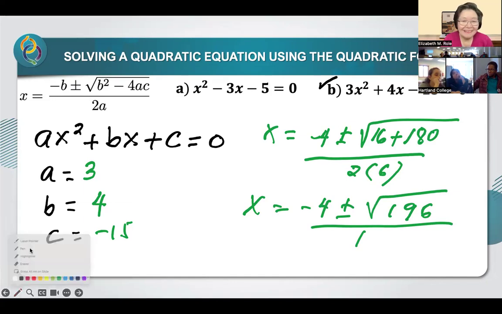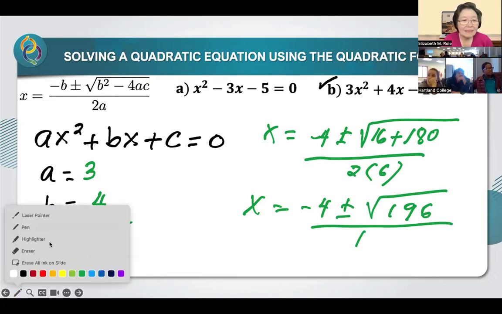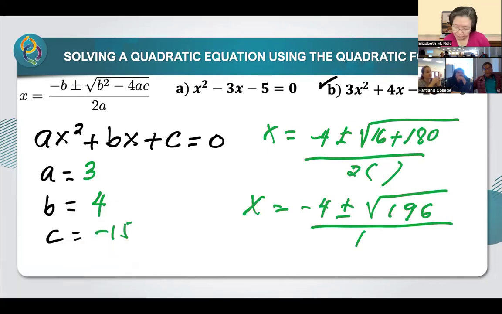This should be a 3, so that will now be 6. And the square root of 196 is 14. So you'll now have x equal to negative 4 plus or minus 14 over 6.